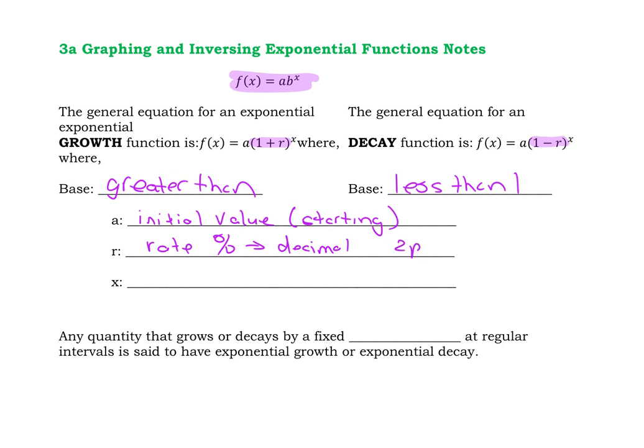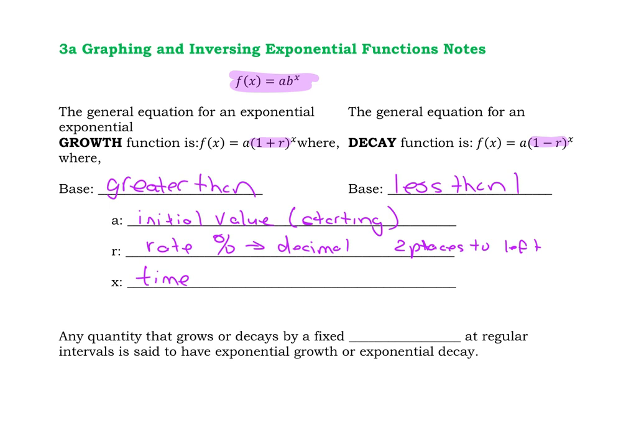Remember, 2 places to the left from percent. And then the x is going to be the time that we're looking at. That is the x value. And then the output, the y, will tell us how much we get at that time.